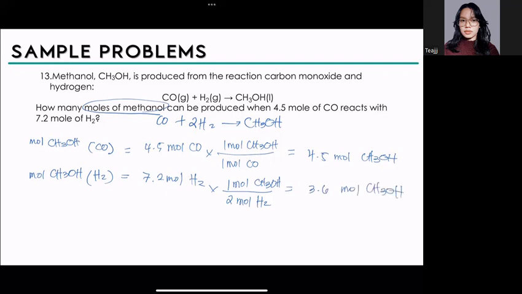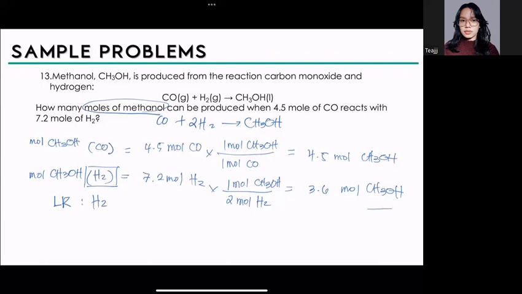CH3OH. Now you can see kung saan yung mas maliit na na-produce na moles of CH3OH, di ba? Kung saan yung mas maliit, kung anong reactant yung na-produce niya na quantity, that will be your limiting reagent. In this case, it's H2. So your limiting reagent or LR, sinushortcut ko na lang, would be H2.